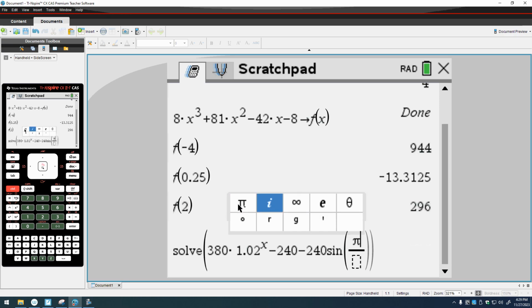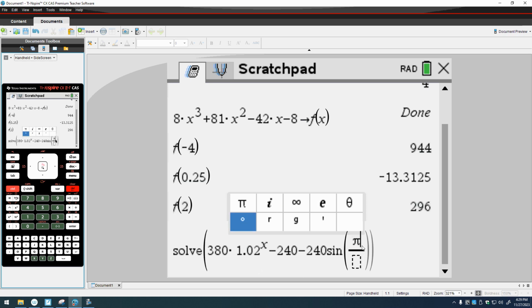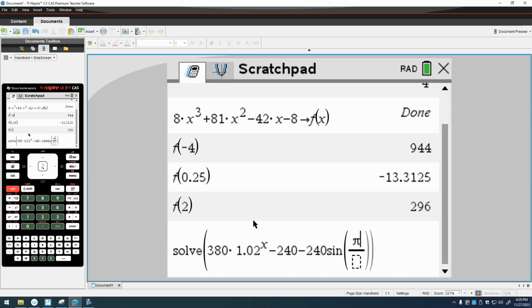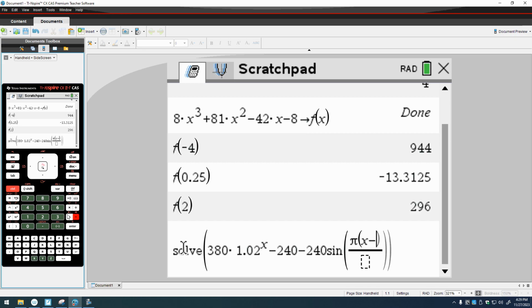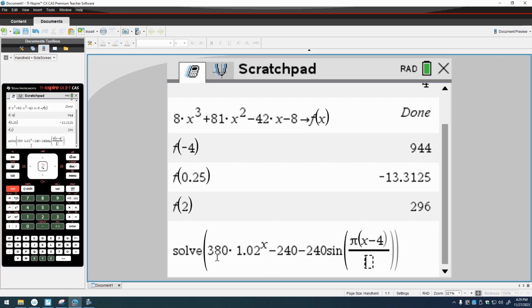Yeah, once again, it's getting a mind of its own. All right. Parentheses x minus 4. Go down to the bottom, type in 12.